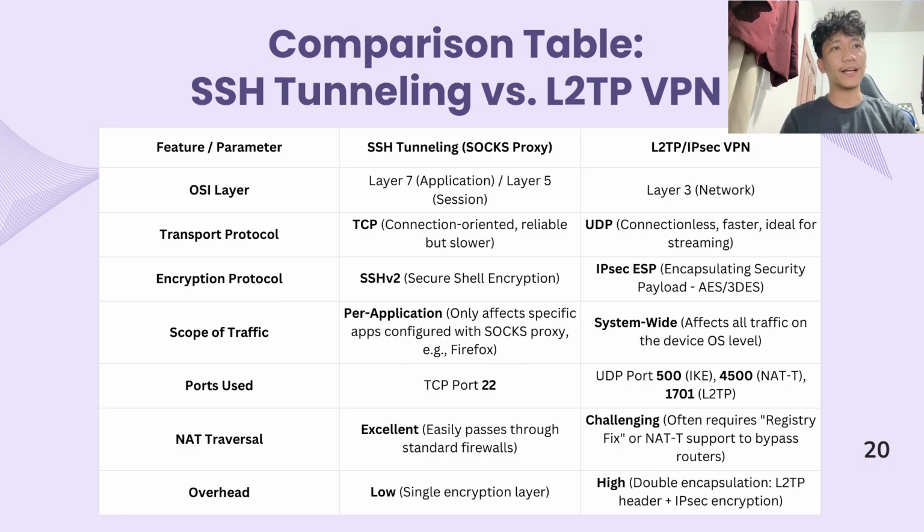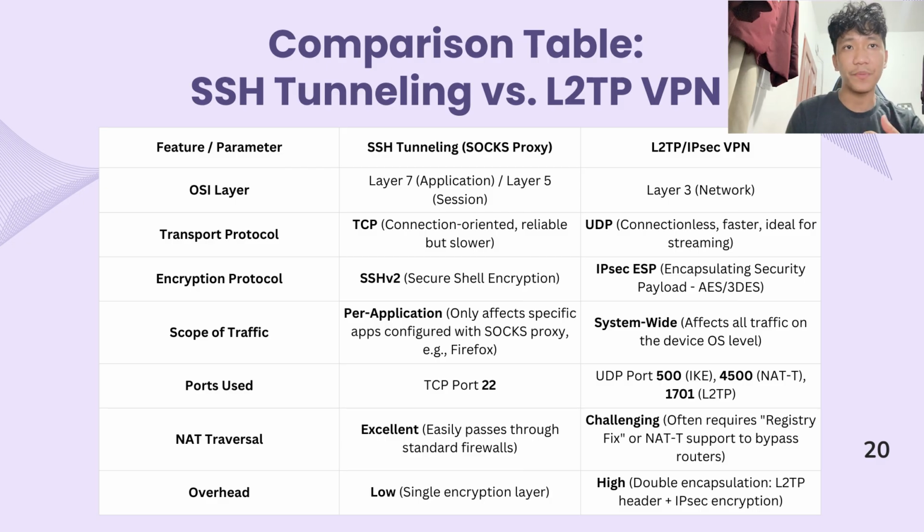Well, thank you Bagas. Now, let's look at the protocol analysis based on our experiments. Here are the key differences. First, regarding the OSI layer, SSH works at the application layer, or we can say layer 7, while L2TP works deeper at the network layer, or we can say layer 3.